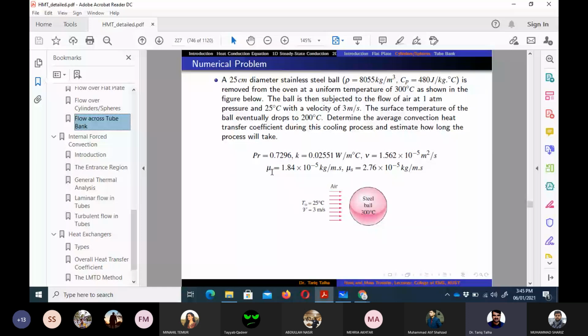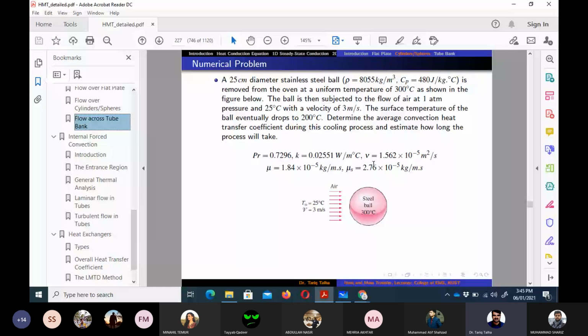This is mu infinity basically, which is at the free stream temperature, and then mu s, that is at the surface temperature of the ball, which is 300 degree in this case. But because it is being cooled down, so we will take it 250, which is the average of 300 plus 200 divided by 2, because this is a transient problem.